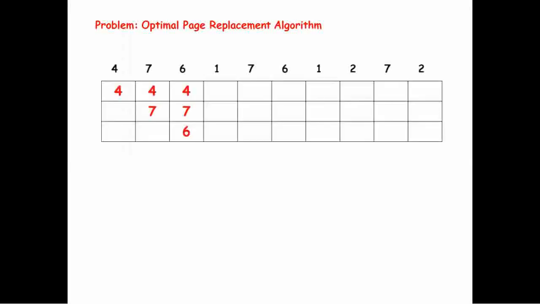Let us see how to solve the same problem using the optimal page replacement algorithm. Initially, all the 3 frames are empty. So when 4, 7, 6 are allocated to the empty frames, 3 page faults occur.